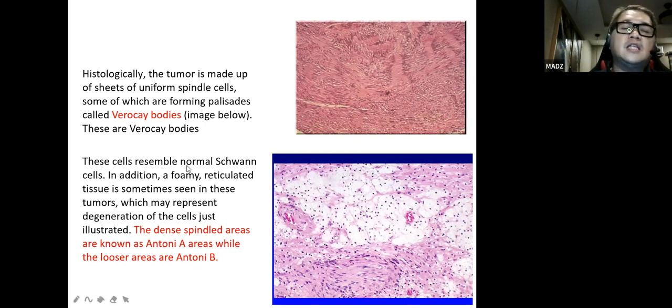So these cells resemble normal Schwann cells. In addition, a foamy reticulated tissue is sometimes seen in these tumors, which may represent degeneration of the cells. So the dense spindle areas are known as your Antoni A, and the looser one is called the Antoni B.